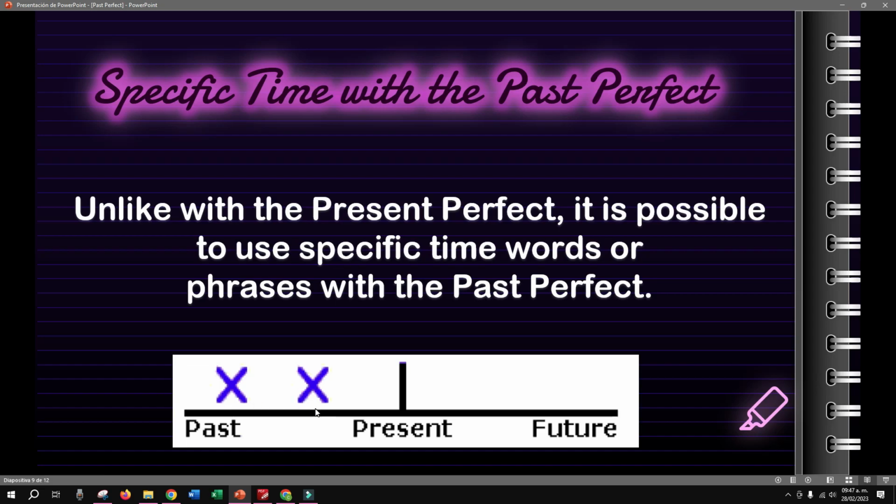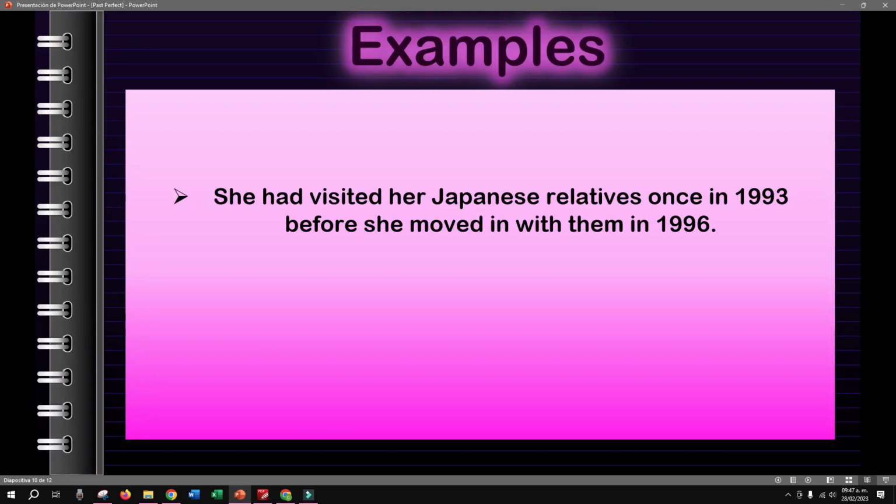So we can use specific time words in that case, right? For example, she had visited her Japanese relatives once in 1993 before she moved in with them in 1996.